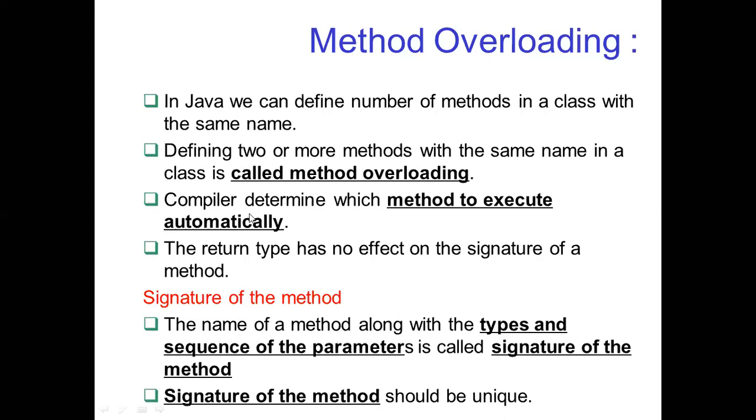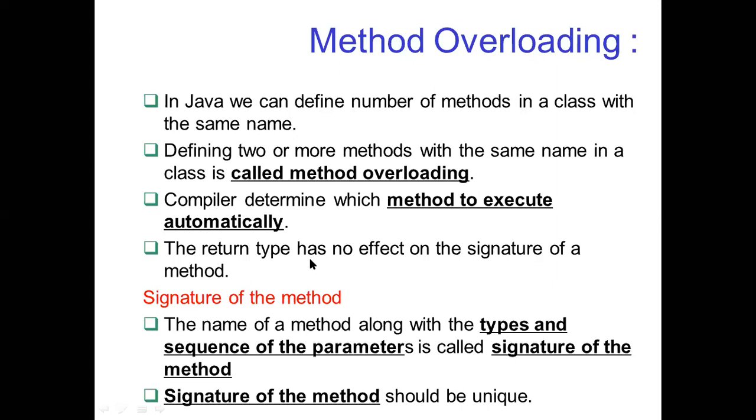Next, as I said, during compilation or execution, in C++ and similarly in Java, the compiler determines which method to execute automatically. Even in C++, the compiler handles functions with the same name but different parameters and types automatically, depending on the instruction we have written. Similarly, the Java compiler does it.